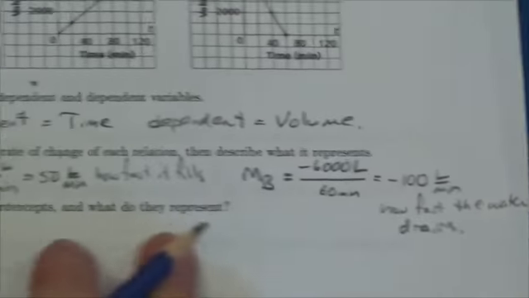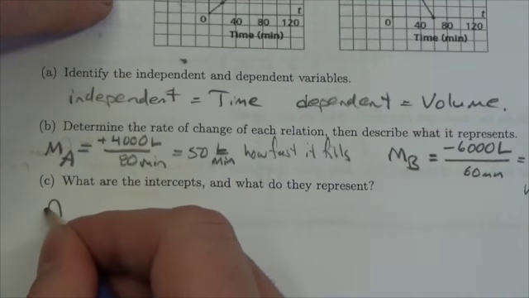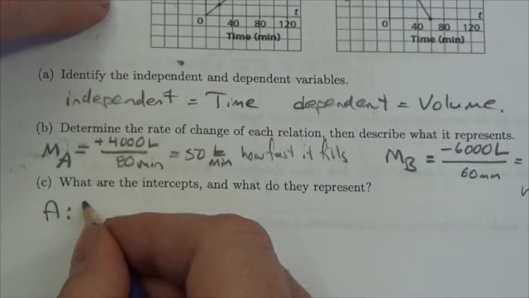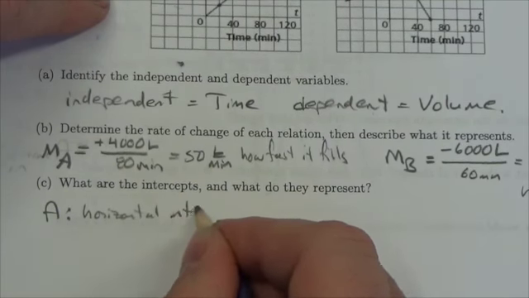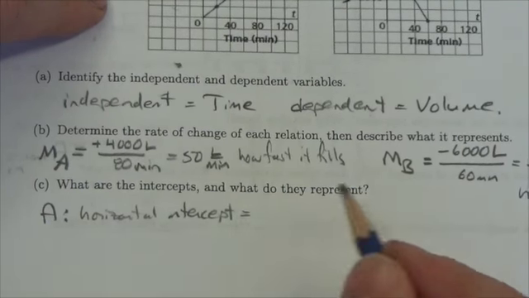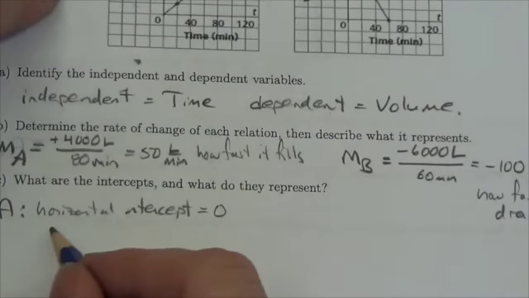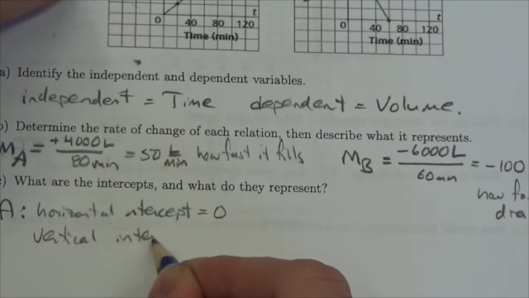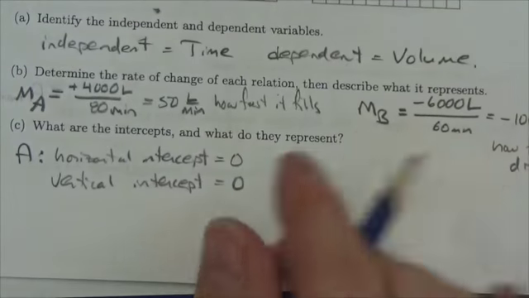Now, finally, what are the intercepts and what do they represent? So for graph A, my horizontal intercept, where I hit the horizontal axis, is going to be 0. My vertical intercept is also going to be 0. Now, what does this mean?